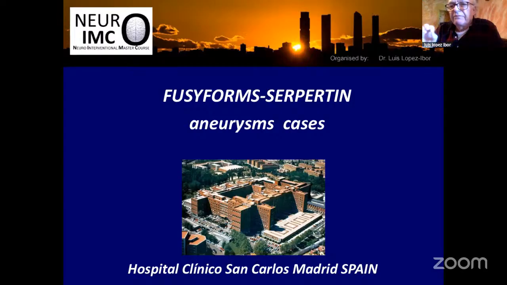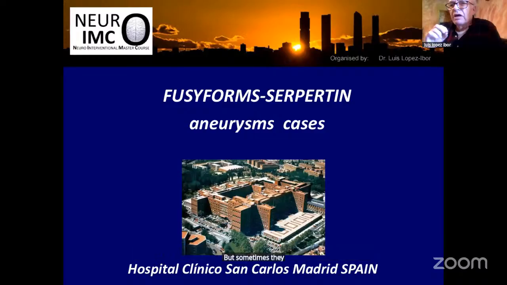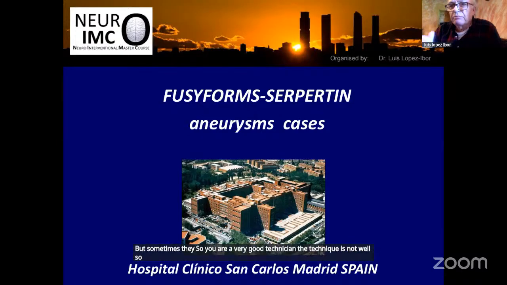Professor Moret explained it fantastically. The case is incredible, but sometimes, even if you are a very good technician, the technique is not enough. So sometimes I like to present the complex case and the difficult evolution.